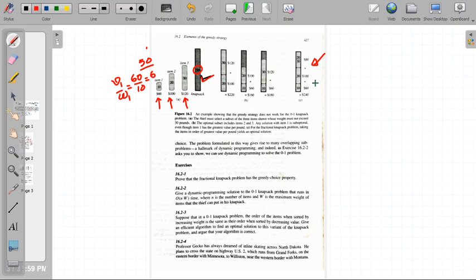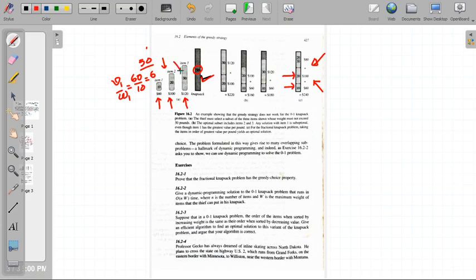And in the fractional case, we have to take this one first, and we have to take it to its fullest capacity, that is 10, and the remaining is 40. And then I have to take this item 20, so I have to take its fullest capacity because it is not going beyond the remaining capacity 40, and then 30 capacity is already filled up, 20 capacity is left, right?